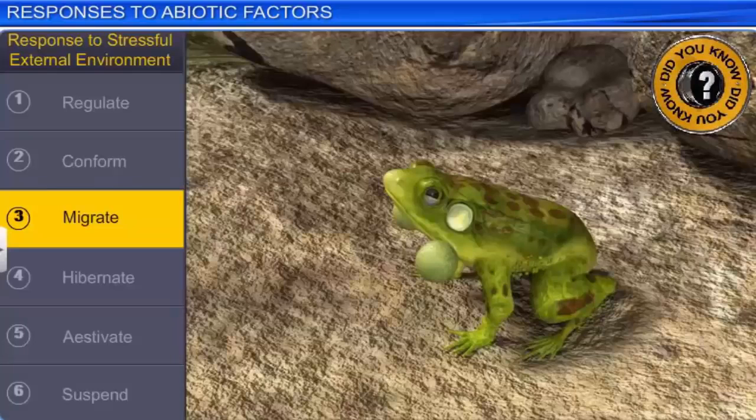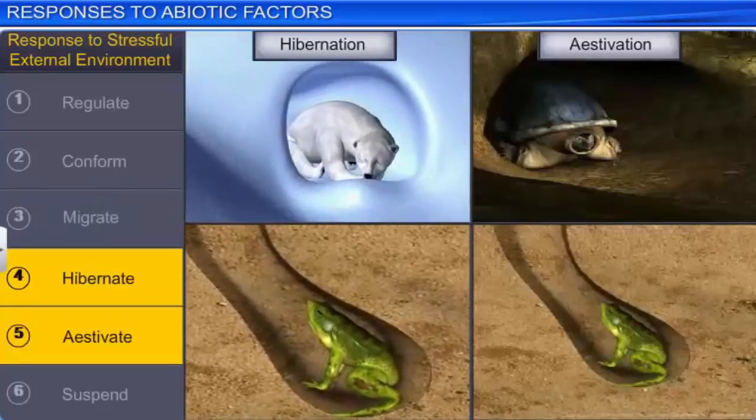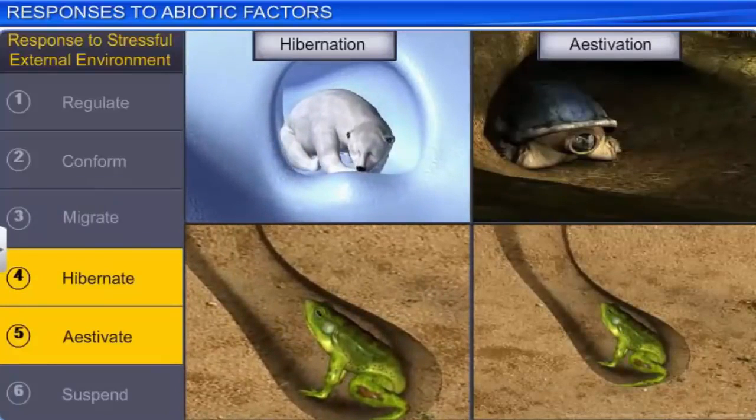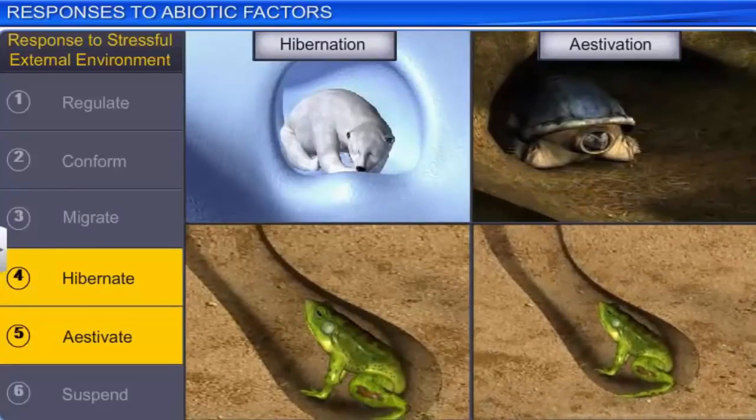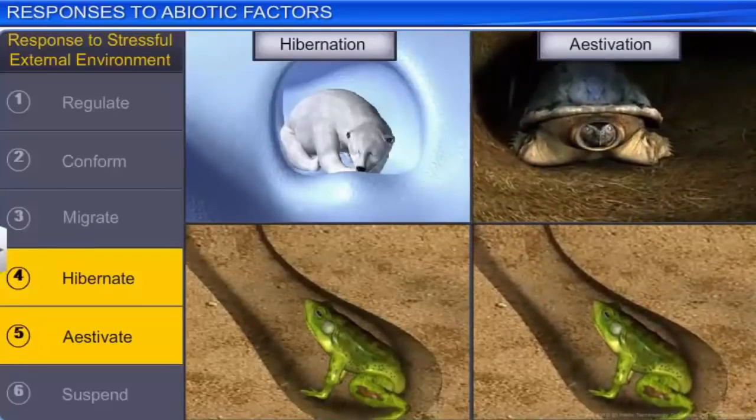But what about animals that are unable to migrate? Such animals are likely to cope with the unfavorable conditions by undergoing hibernation during winter to preserve energy and estivation in summer to avoid heat-related problems and desiccation.